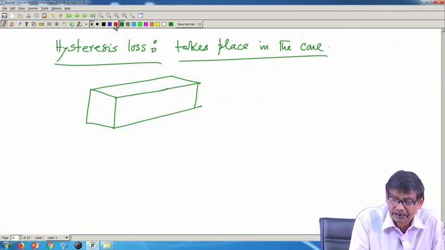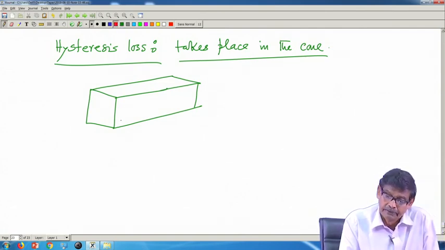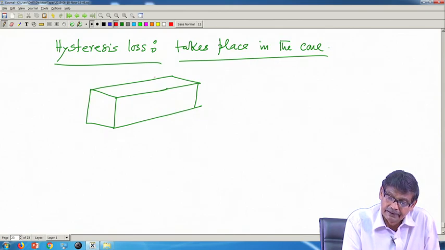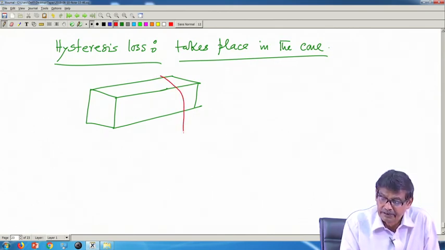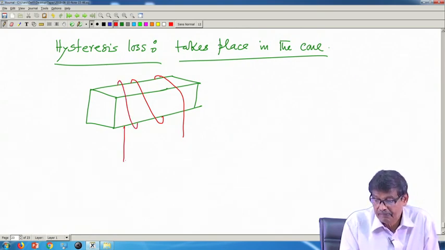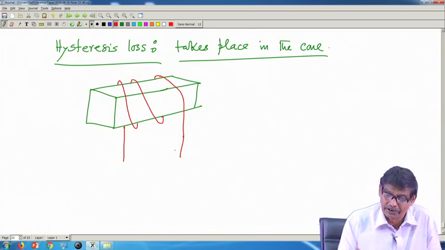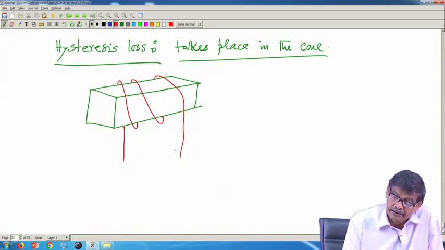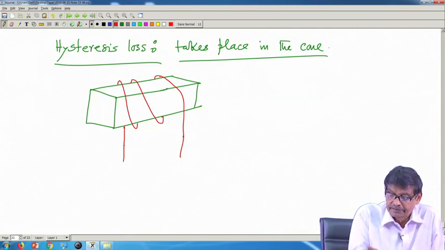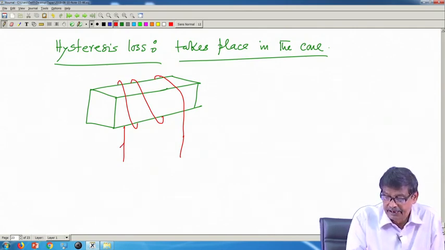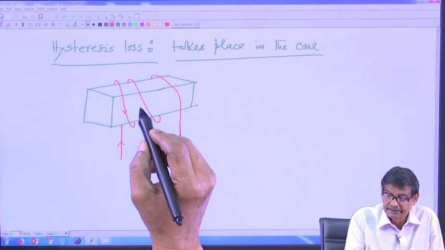So, suppose let me draw some coil, say a piece of iron, and here is a coil, like this, a coil is wound and this length is more, whatever it is. And suppose you pass some AC current.